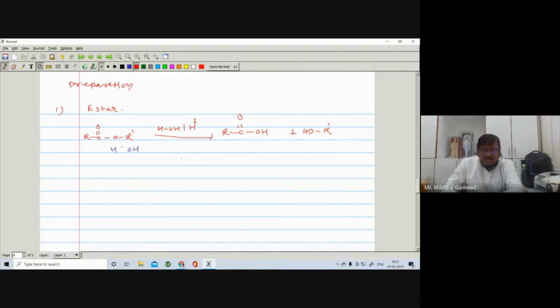So when the ester undergoes acid hydrolysis, there is a formation of the corresponding acid. So starting from ester, we can prepare the acid.